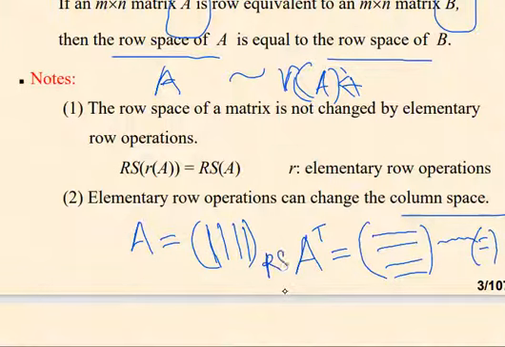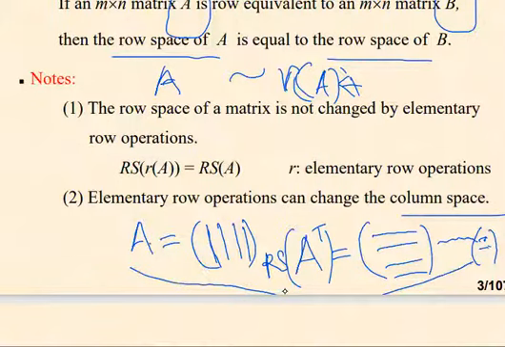Then the row space of this is the same as the row space of the reduced one, right? Then you can transpose this one again to obtain the result.